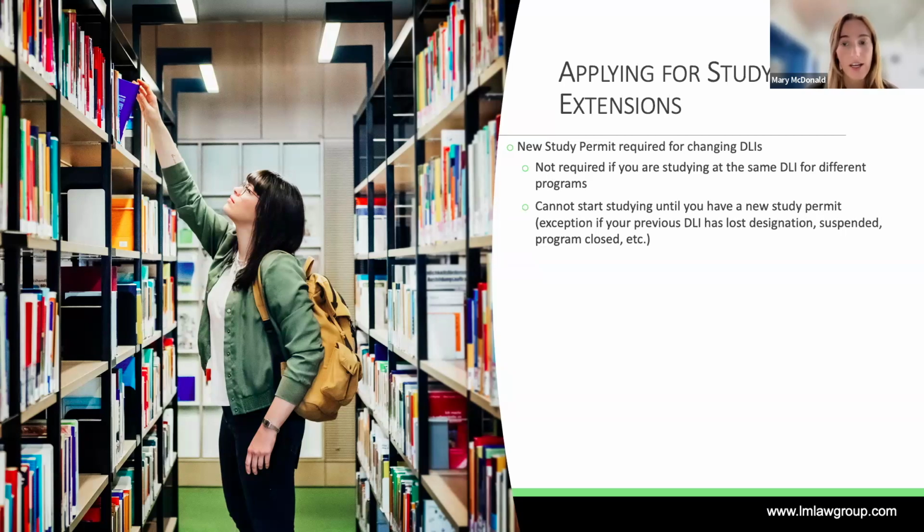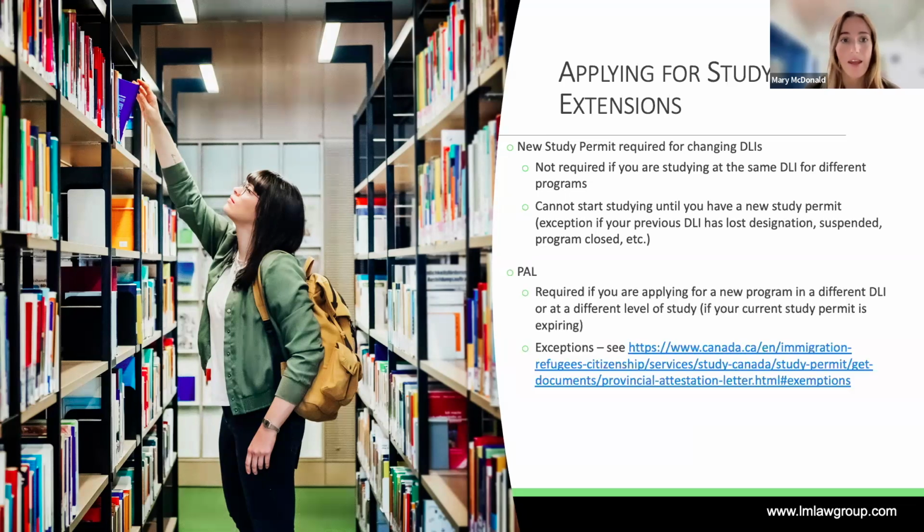But if you're planning on changing your DLI, then you do need to apply for a new study permit, and you have to wait until that study permit is approved before you can start, unless you meet some of the exceptions that IRCC has listed, like if your old program was suspended or the program closed or it lost its DLI designation. In that case, you can study before the study permit is approved, but in most situations, you're going to have to wait for the new study permit to get approved if you're changing your DLI.